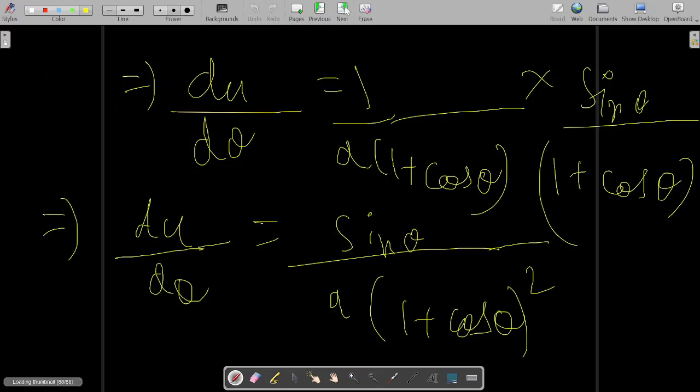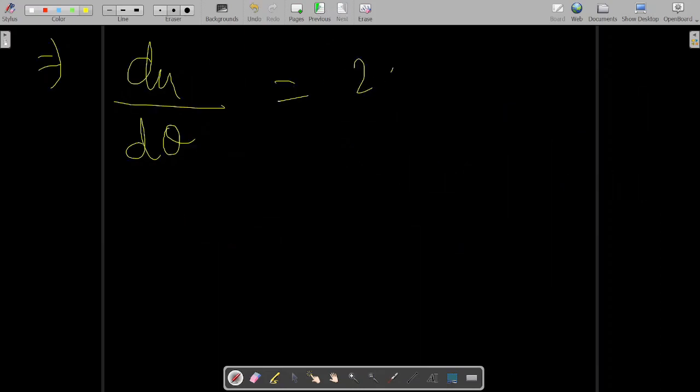From here you will get du by d theta. Sin theta can be written as 2 sin theta by 2 times cos theta by 2.